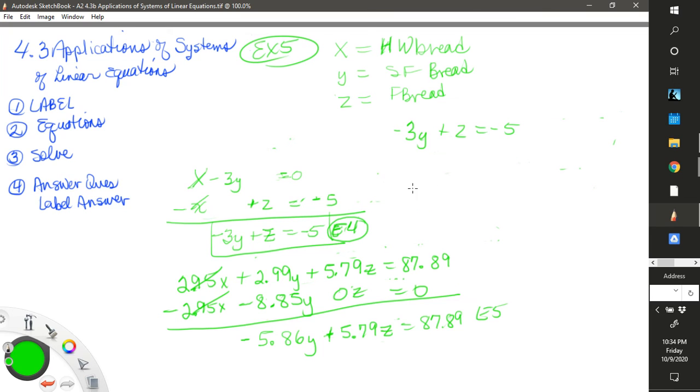And E5 is going to be a negative 5.86y plus 5.79z, and it equals 87.89. All right, let's make these two equations cancel.